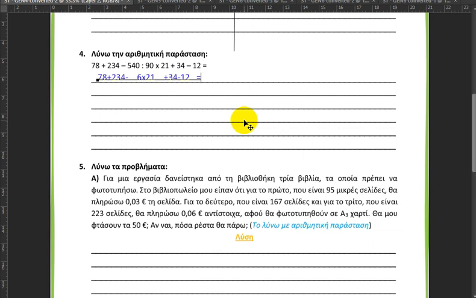So, okay. 78 plus 234 makes 312. I can do that without affecting the rest. Minus 6 times 21 makes 126. Plus 34 minus 12 makes 22.